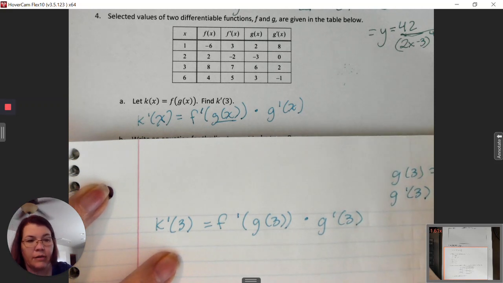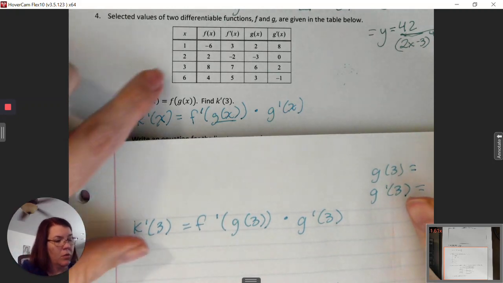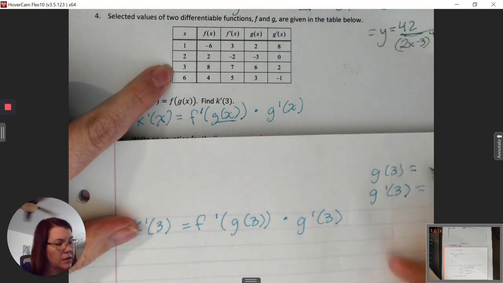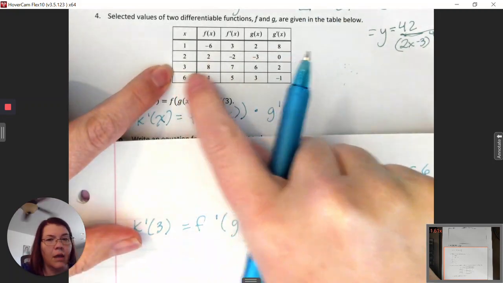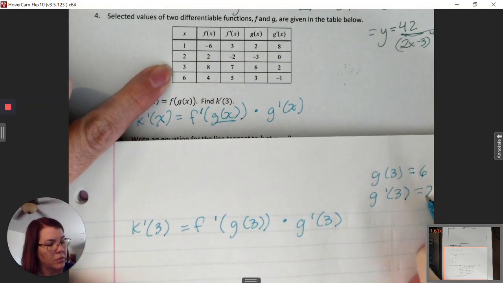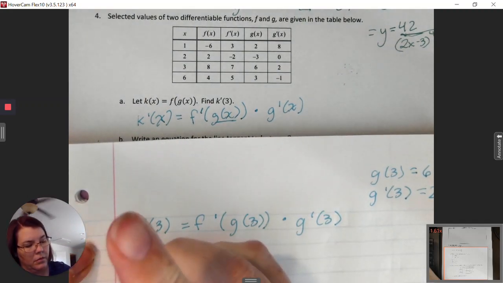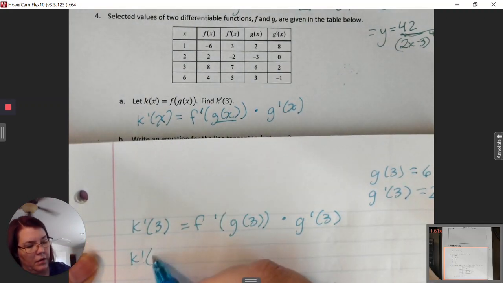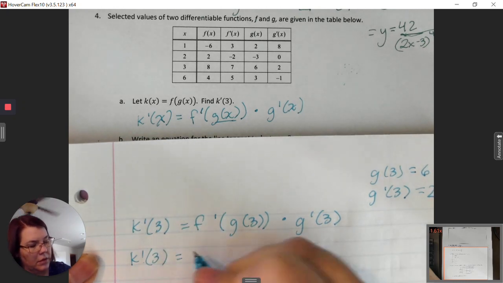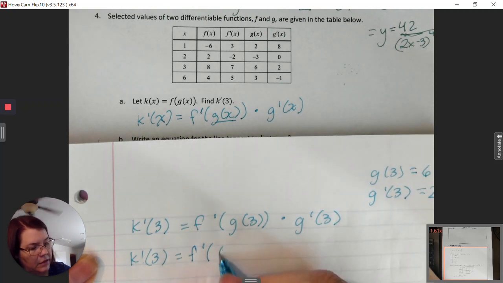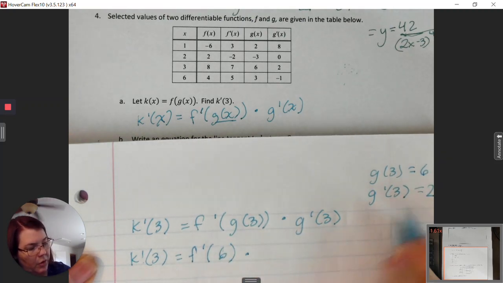Let's look at our chart. We're looking at 3, and g of 3 is 6, and g prime of 3 is 2. So k prime of 3 equals f prime of 6 times 2.